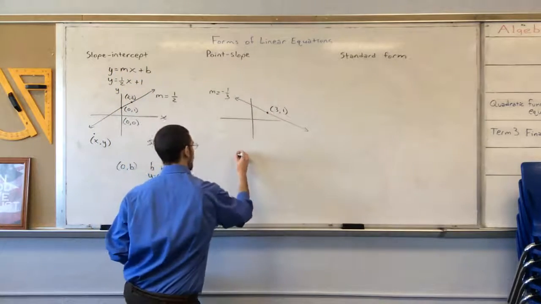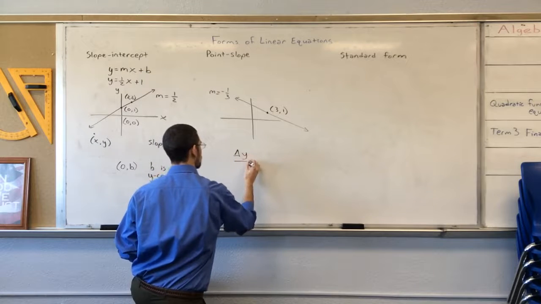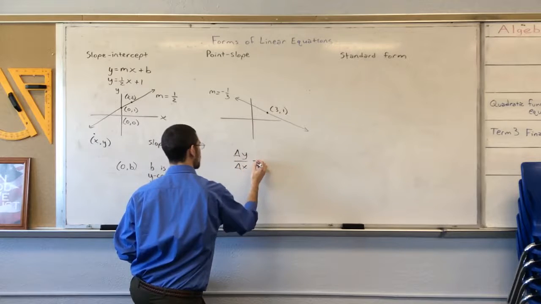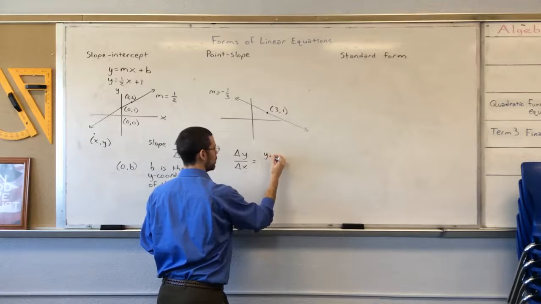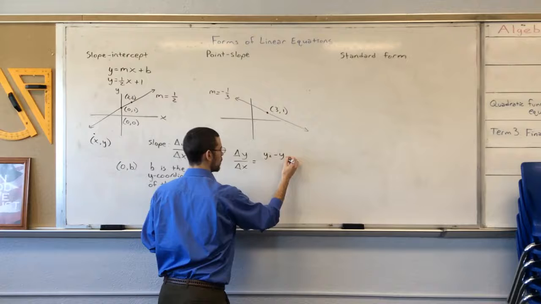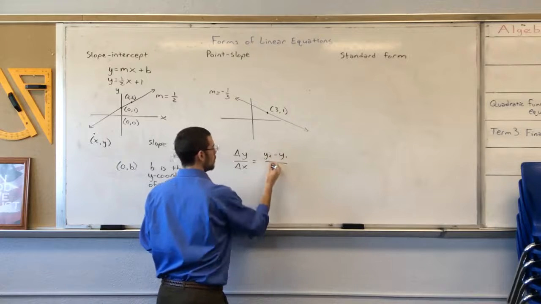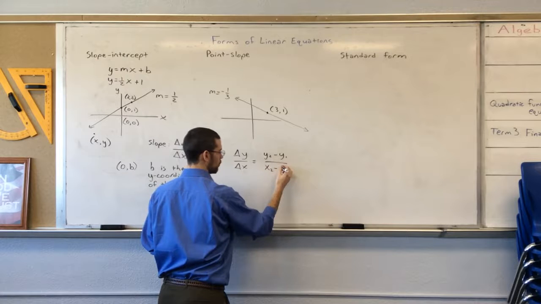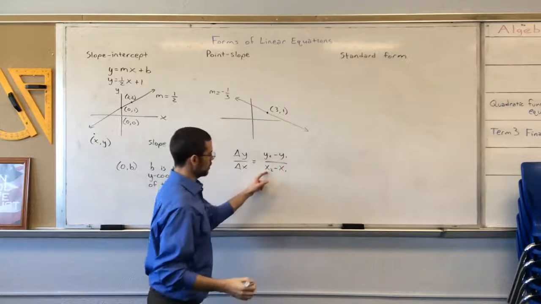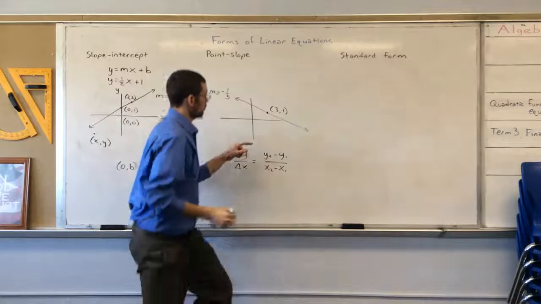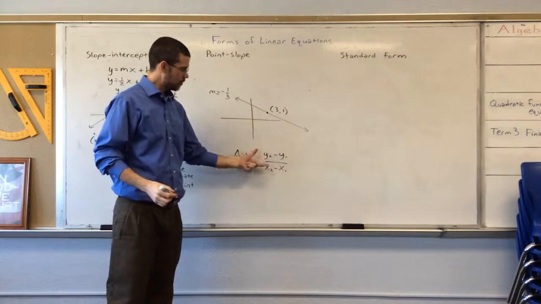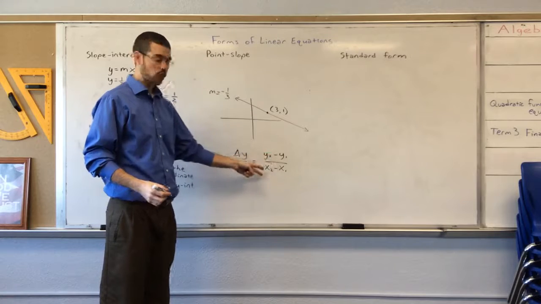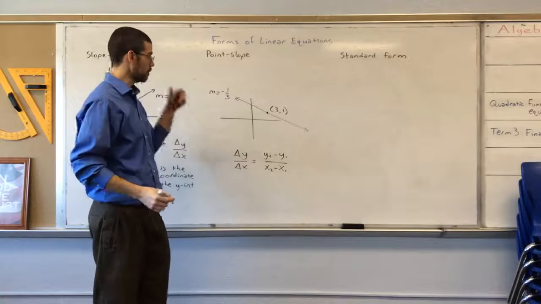Well, that's done this way. Change in y divided by change in x is found by taking the y coordinate of one point away from the y coordinate of the other. And then the change in x is also the difference between the x coordinates. So if we knew 2 points on this line, we could tell you what the slope is using this formula for the slope of that line.